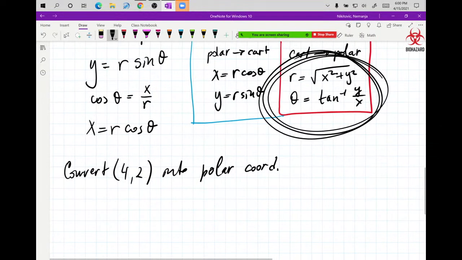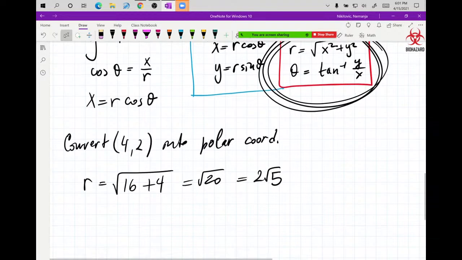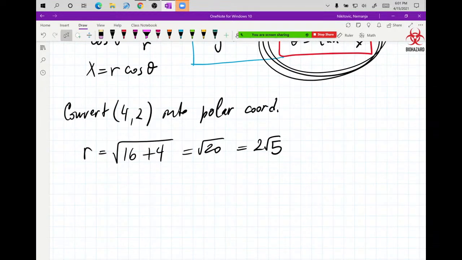We take r equals square root of 16 plus 4, it's the square root of 20, which is 2 root 5, because root 20 is root of 4 times 5, square root of 4 is 2, so we're all good.